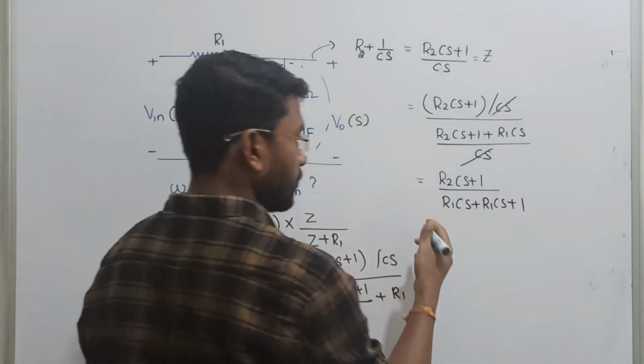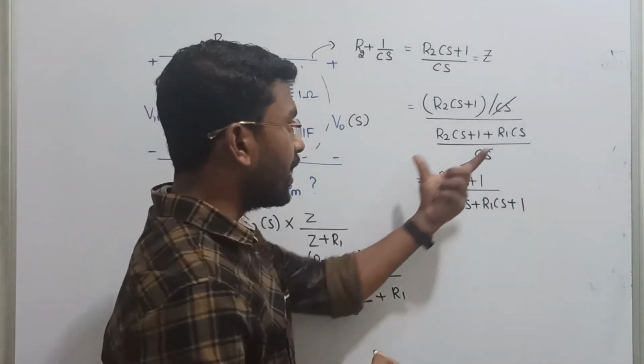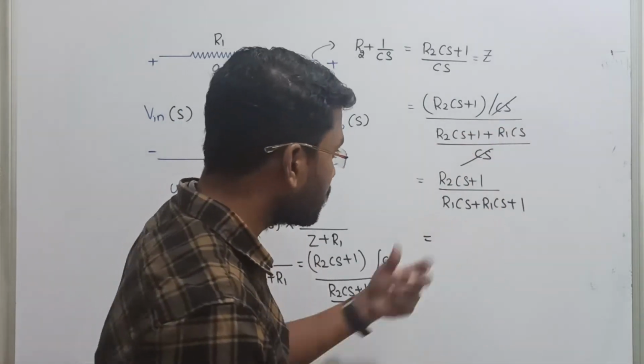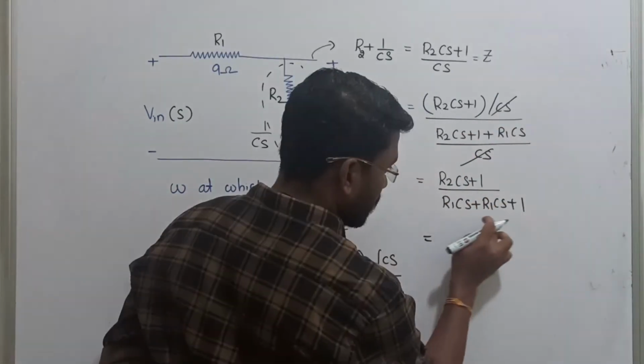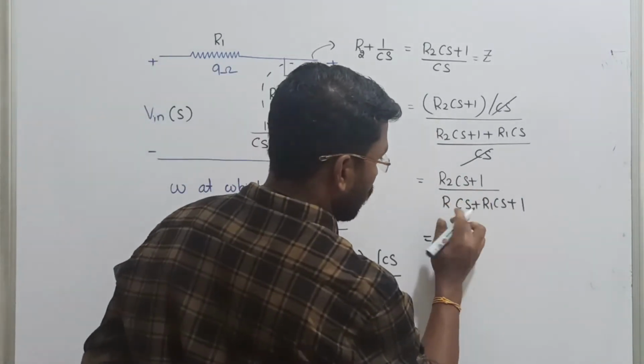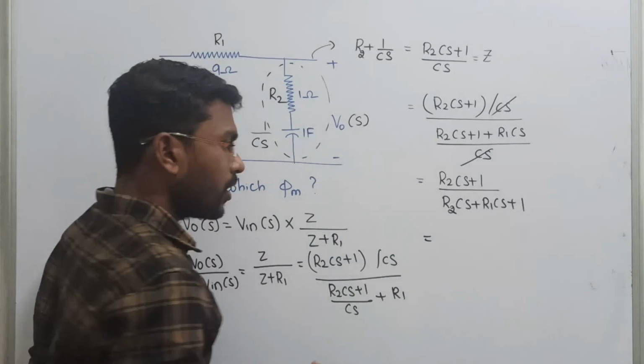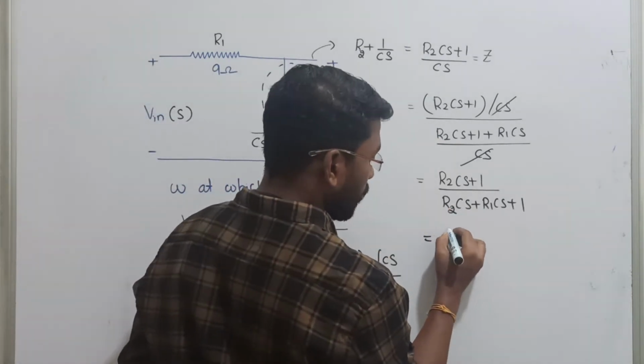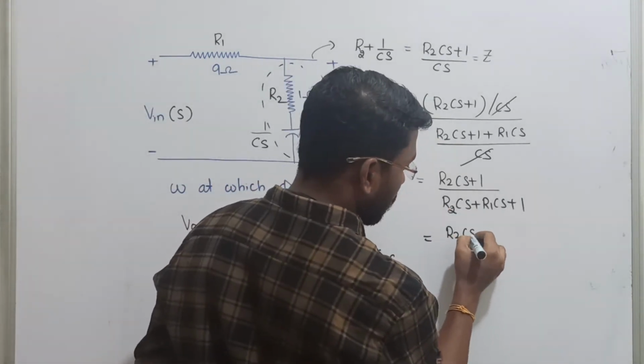So let us reduce this function further. Let me keep R2 Cs plus 1 in the numerator.